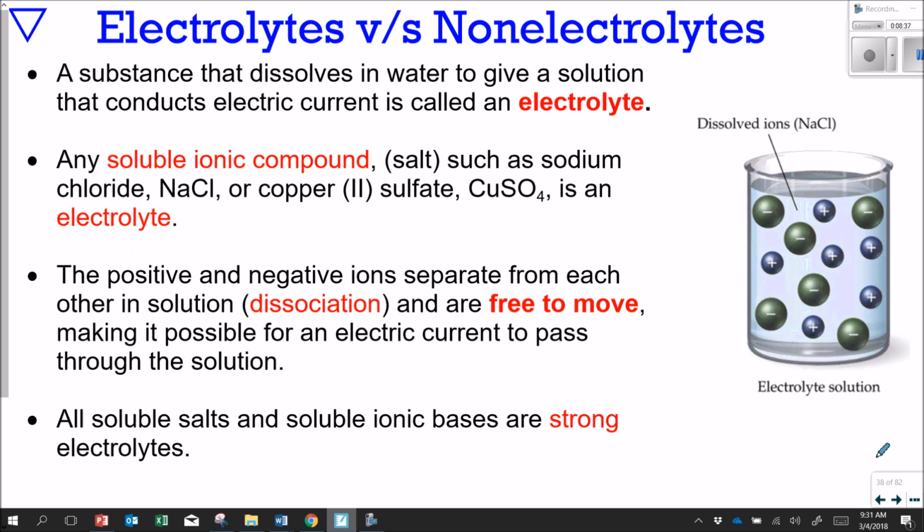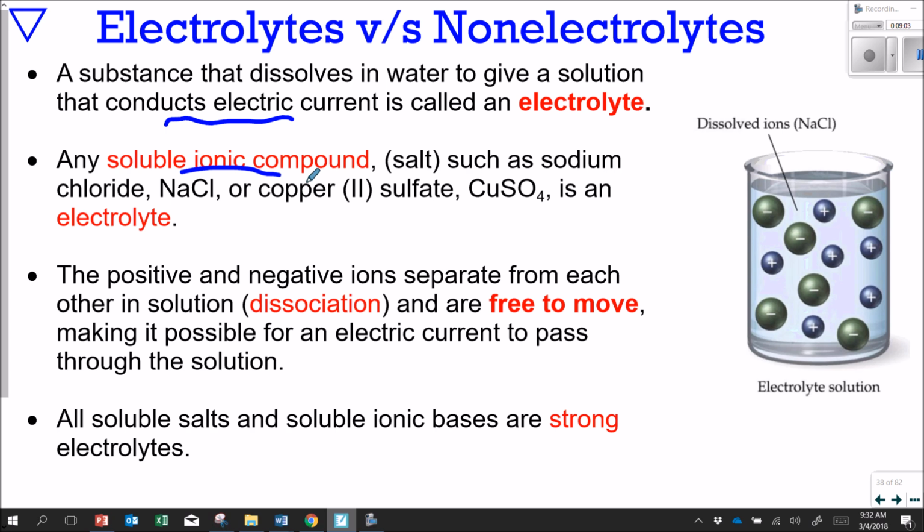Electrolytes versus non-electrolytes. We've talked about this before. A substance that dissolves in water to give a solution that conducts electricity or an electric current is called an electrolyte. Any soluble ionic compound or salt is another word for that, such as sodium chloride or copper 2 sulfate, for example, will be an electrolyte.